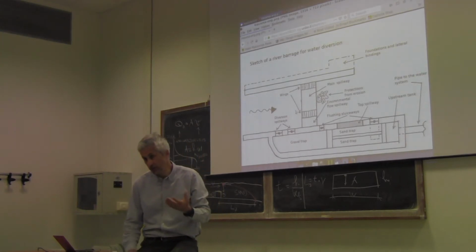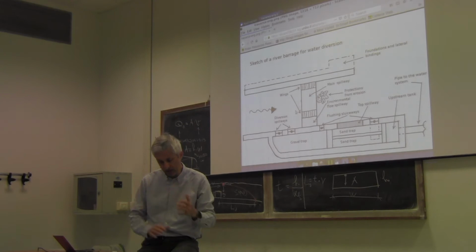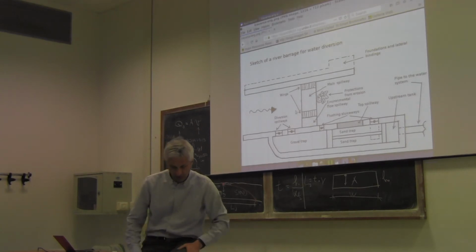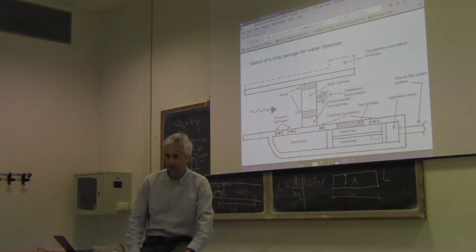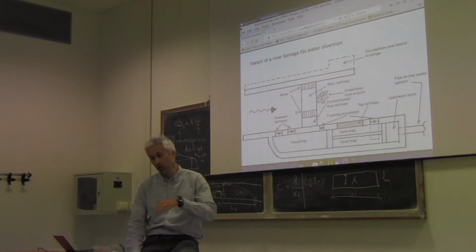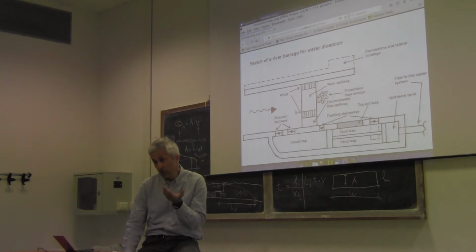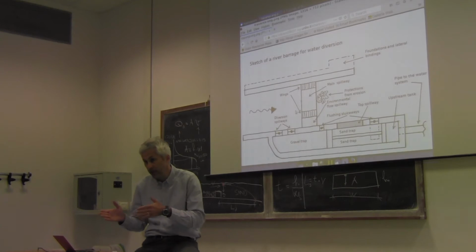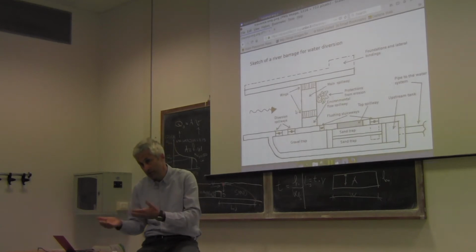What's the difference? The difference is that if you use channels, you cannot go very steep, because if you go very steep, you have a sudden increase of water velocity, clearly, because you cannot increase water pressure, and therefore the energy is transformed into velocity.